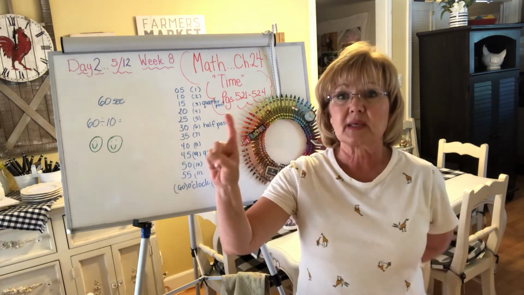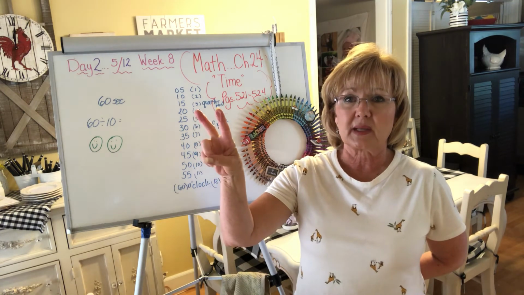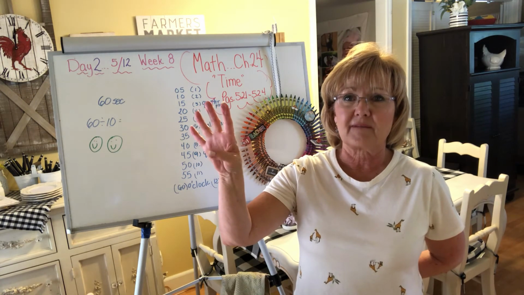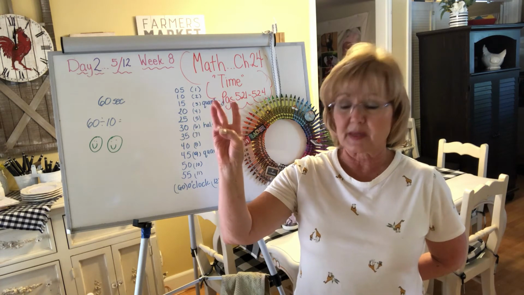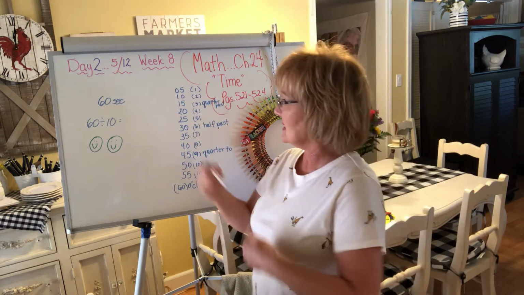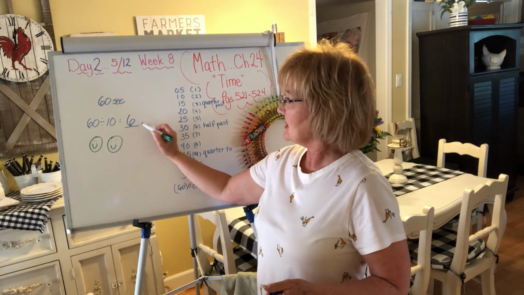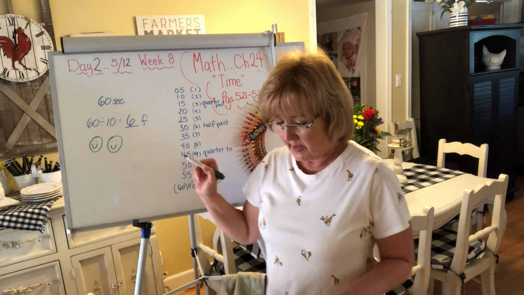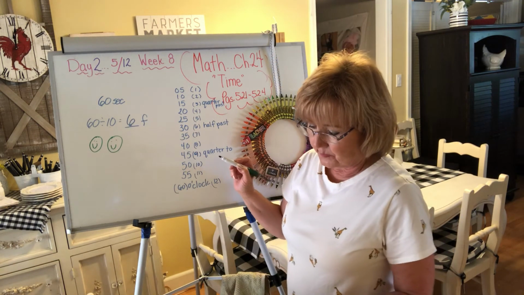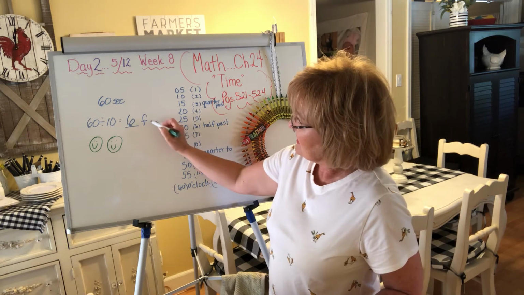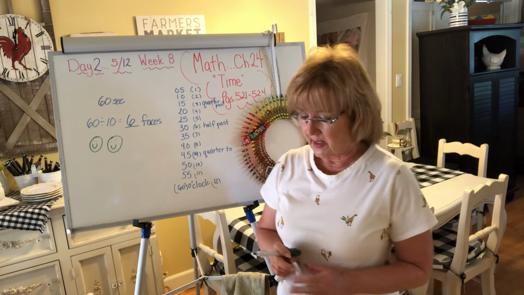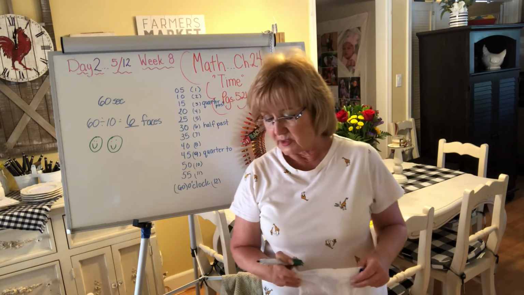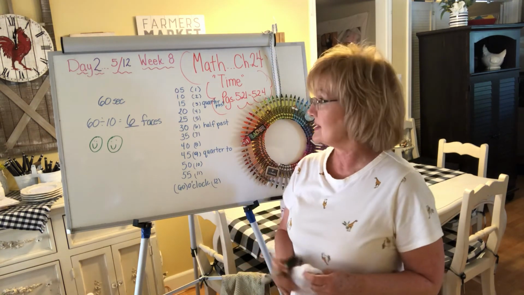Let's count them. 10, 20, 30, 40, 50, 60. How many 10s? That was 6 10s, right? So Ted could draw 6 faces in the same amount of time it takes Juan to draw 1 face, right?